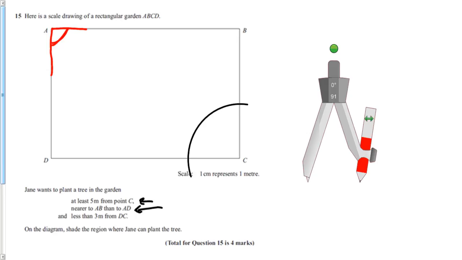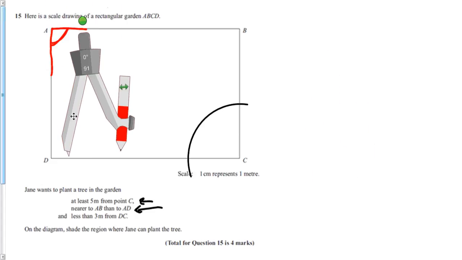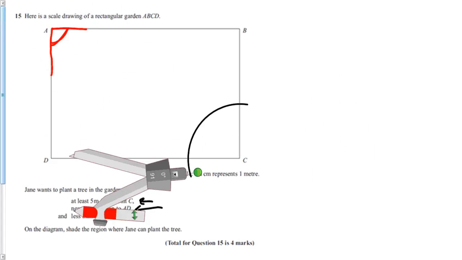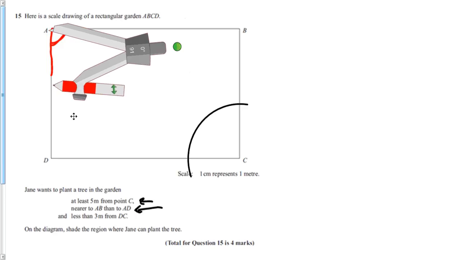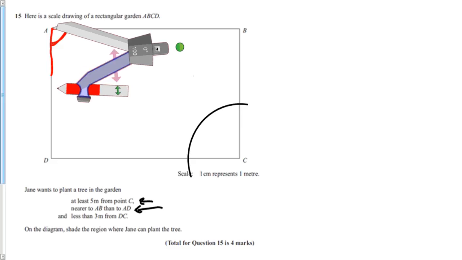So we've got to bisect that, and the way we do that is we put our compass point on the angle, and we can open up our compasses to any length, it doesn't really matter.